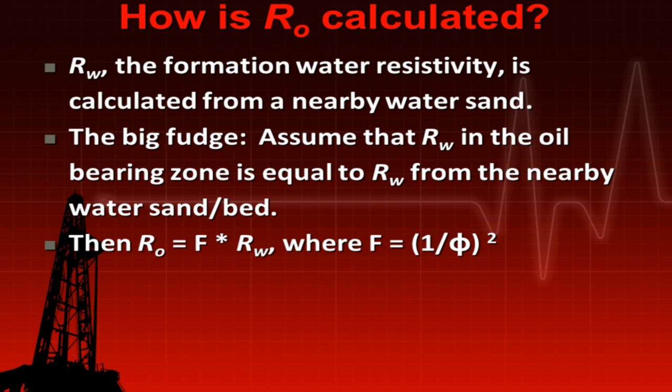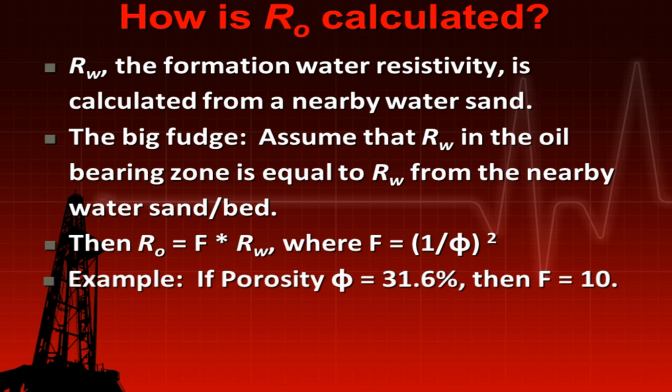The formation factor is 1 over porosity squared. Now, some of you may be evaluating beds that are a lot more sophisticated than that, or have guys that are doing that, and they have all these cementation and consolidation factors and everything. We're not going there. So anyway, if the porosity phi happens to equal 31.6%, then my formation factor, conveniently enough, is 10. All right?